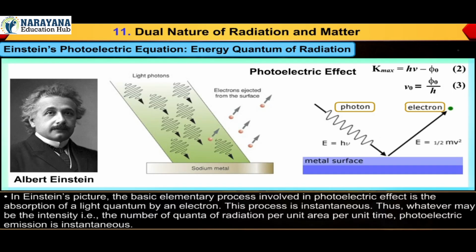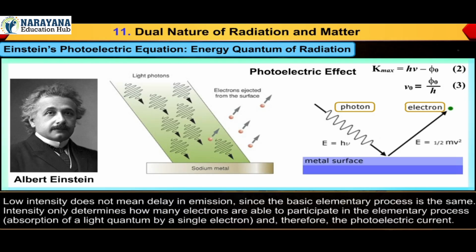In Einstein's picture, the basic elementary process involved in the photoelectric effect is the absorption of a light quantum by an electron. This process is instantaneous. Thus, whatever may be the intensity, that is, the number of quanta of radiation per unit area per unit time, photoelectric emission is instantaneous.